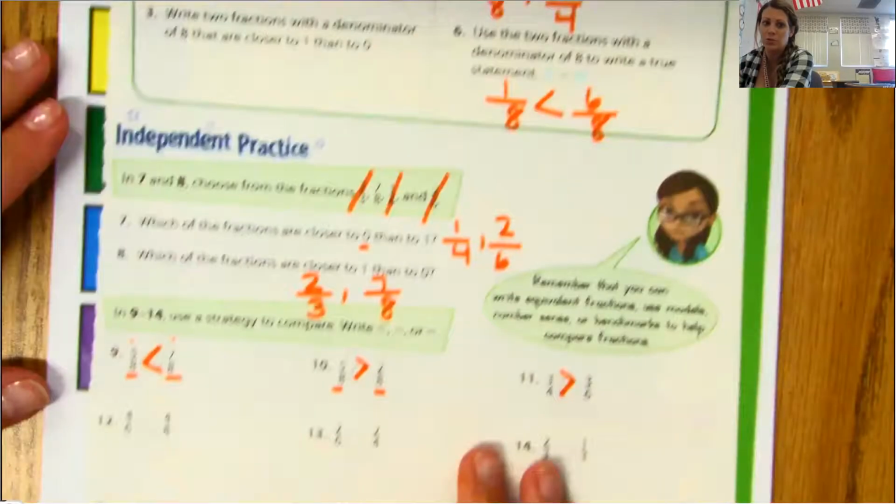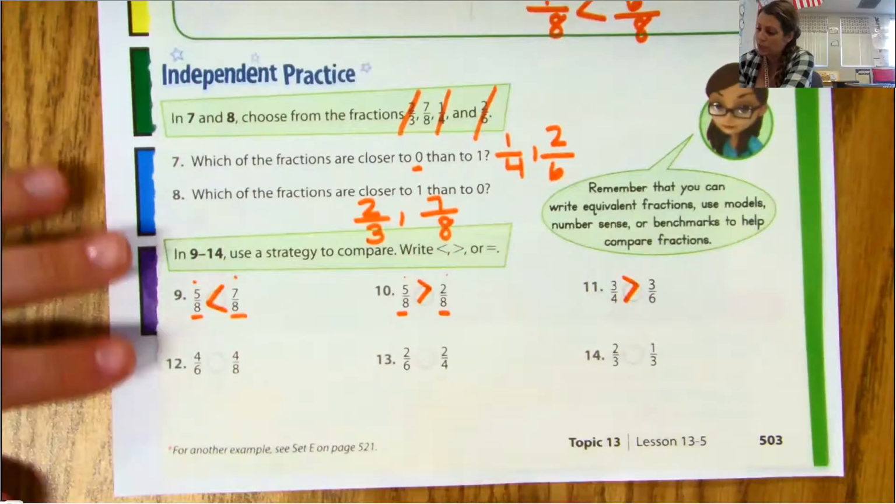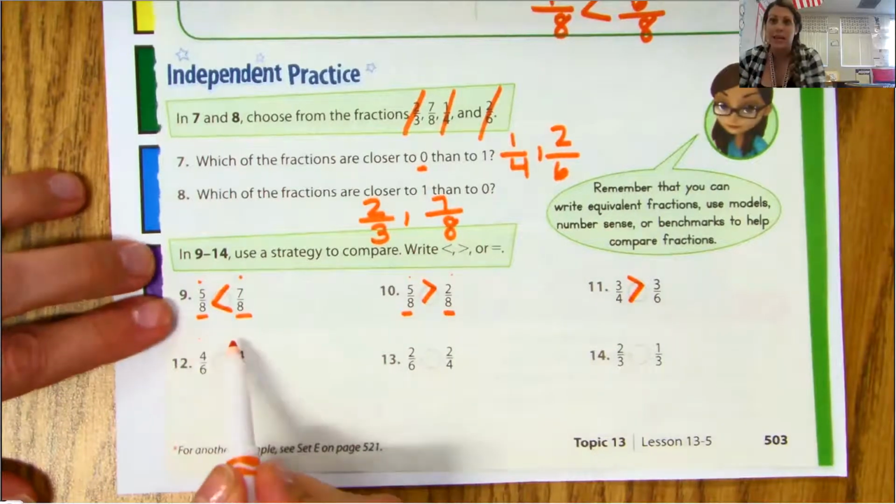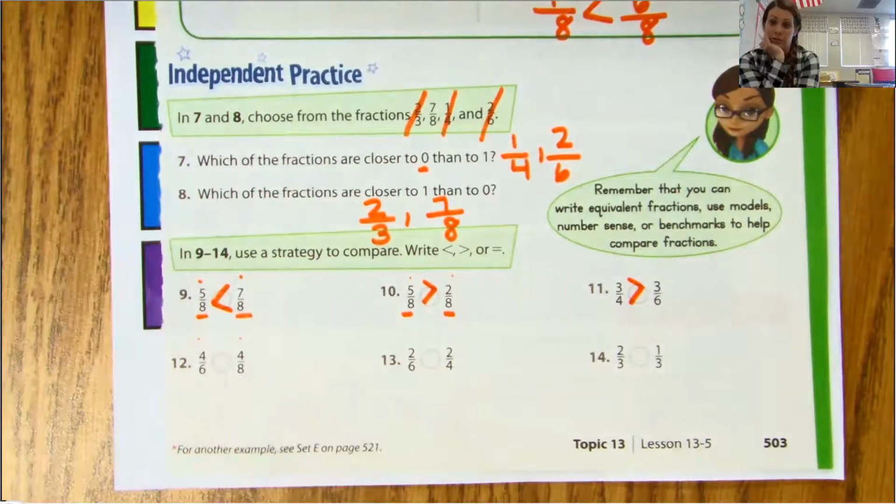I want you to try to do number 12 by yourself. Number 12 has the same numerator. So remember our trick. We think the opposite. We look at the denominators. Which one's actually going to be greater? 4/6 or 4/8? Draw your alligator mouth eating the greater fraction.